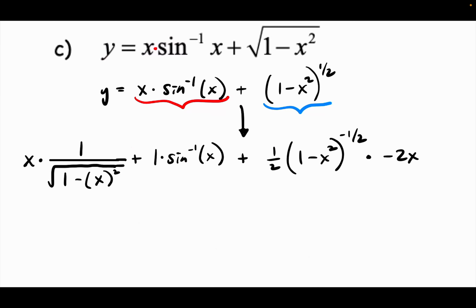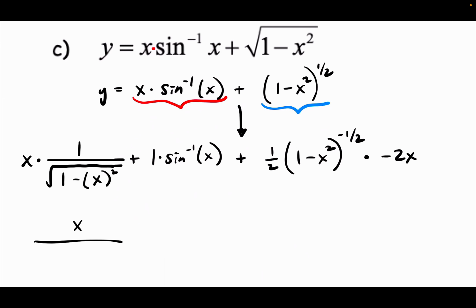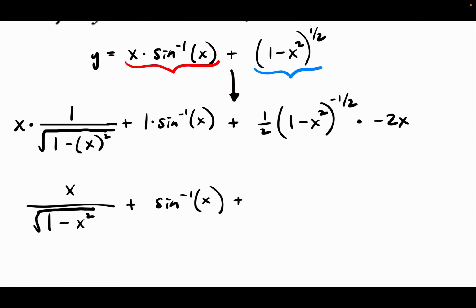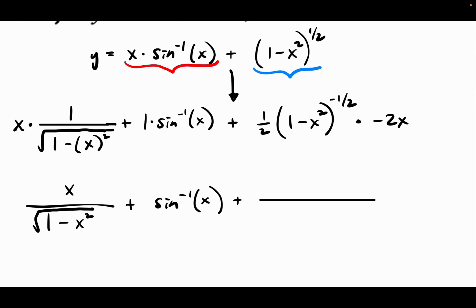All right, so now I'm going to write this. So this is x over the square root of 1 minus x squared, plus inverse sine of x over here. These guys are going to have to move down.